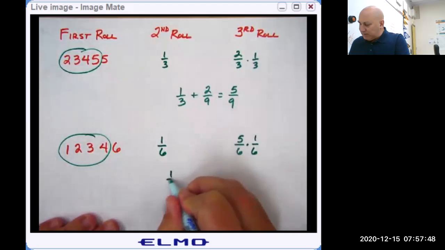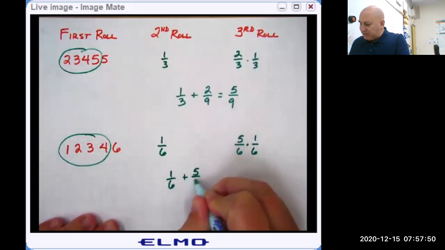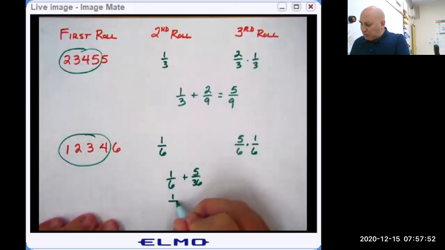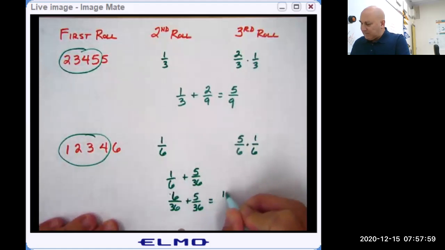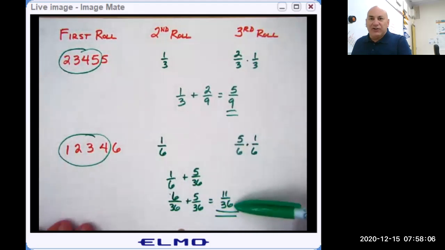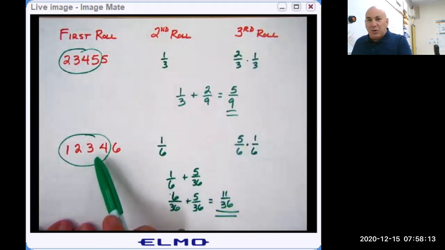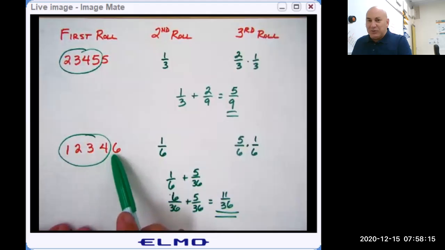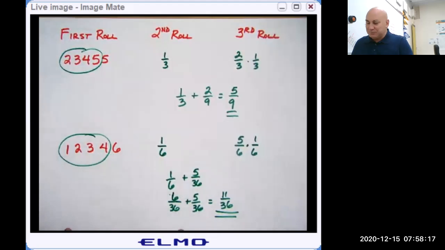So this is 1/6 plus 5/36, which is 6/36 plus 5/36. There is less than a 1/3 chance, because 1/3 would be 12 out of 36. There is less than a 1 out of 3 chance that you would get the large straight here.